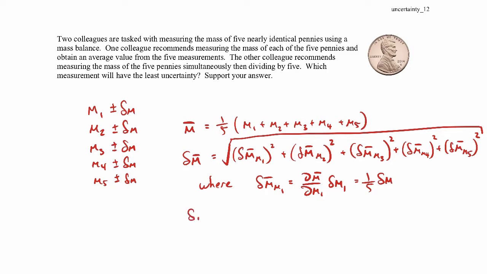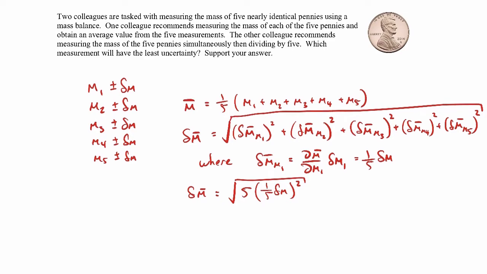So when I substitute this in, I'll have 5 of these measurements, because all 5 of these look exactly the same, so there'll be 5 of them, and then this will be squared, so they'll all look like that, and so this will be the square root of 5 times (1/5 delta M) squared.